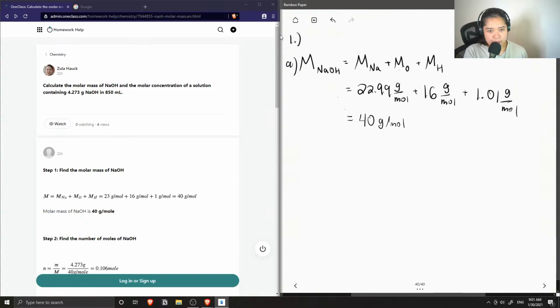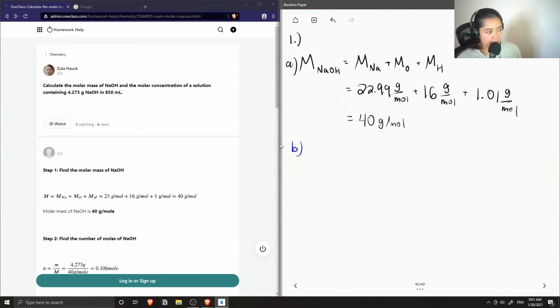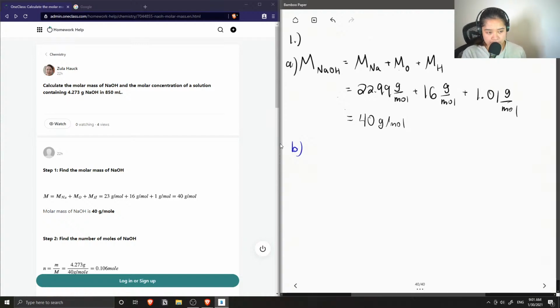So this was part A of this question, and part B wants us to calculate the molar concentration of a solution containing 4.273 grams in 850 milliliters. So first, we need to find out the number of moles in this amount of sodium hydroxide.